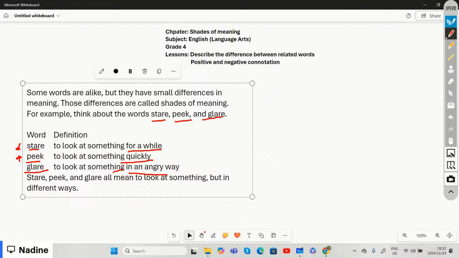And if you look at all three of those words, we said stare is to look at something for a while, peek is to look at something quickly, and glare is to look at something in an angry way. Then stare, peek, and glare all mean to look at something, but it is to look at something in different ways.